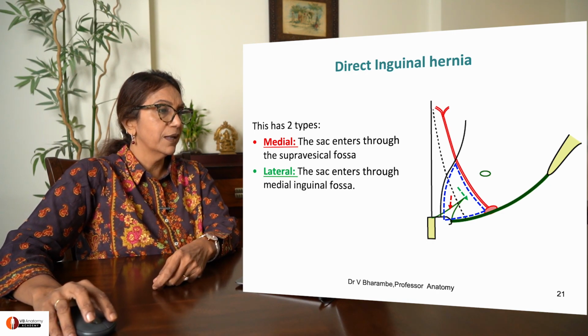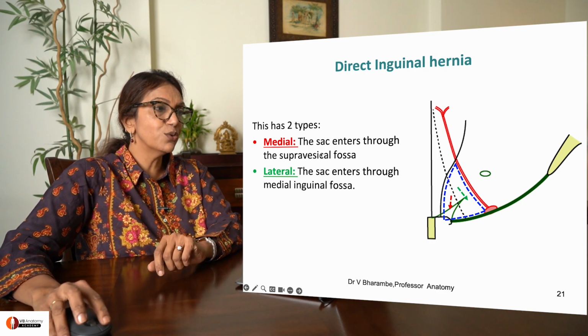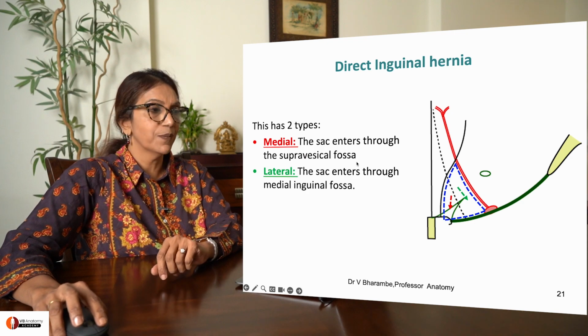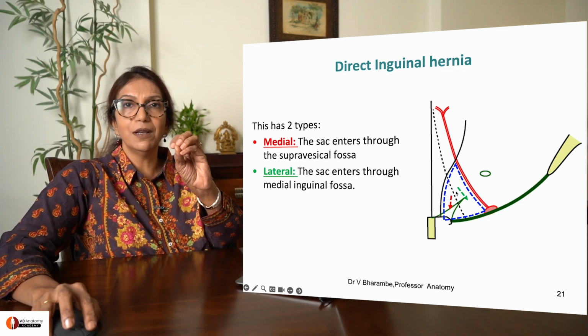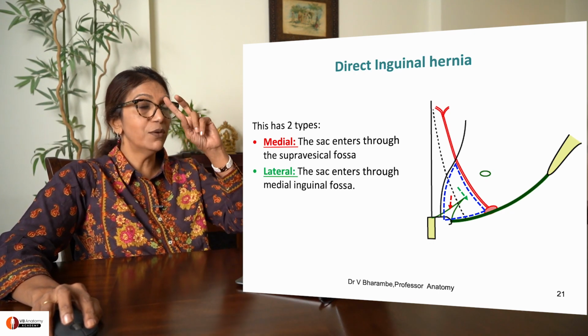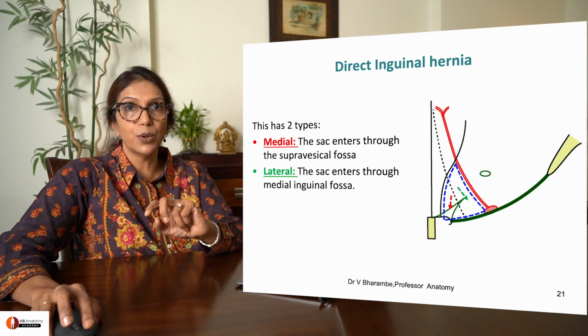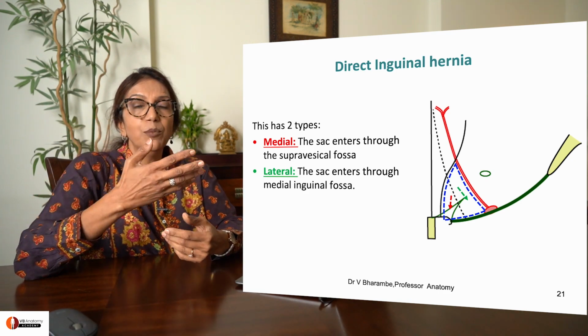So the medial one passes forwards through the supravesical fossa. The lateral one passes forward through the medial inguinal fossa. Got it? You remember these fossae, you have to keep correlating with the diagrams you have drawn or see it in your notebook. But don't just blindly move forwards.